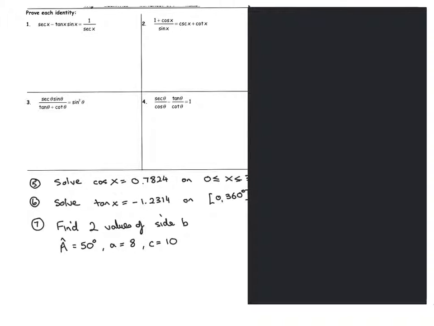So question 7, all about finding the two angles. So we've got ABC, two triangles, sorry. So we've got angle A is 50 degrees, side A is 8, side C is 10.